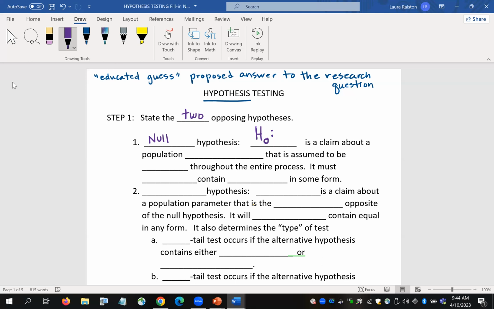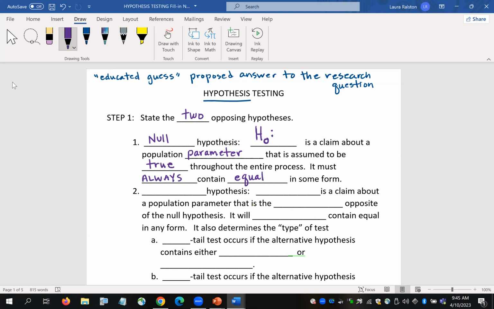And it is a claim about a population parameter that is assumed to be true throughout the entire process. It must always contain equal in some form.